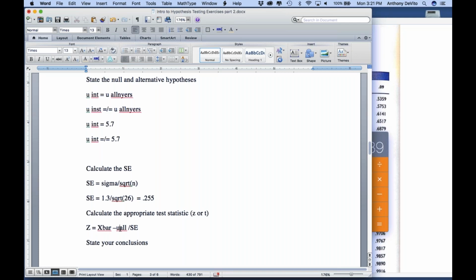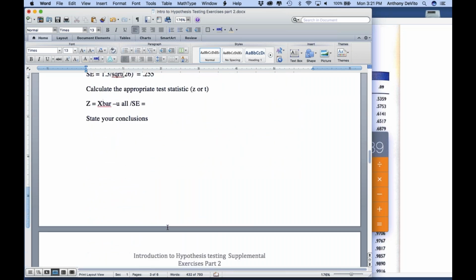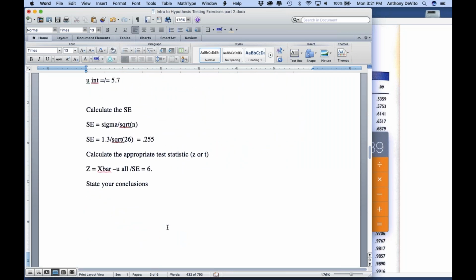So x bar, the result of my mean for my sample, was equal to 6.5, minus 5.7, divided by my standard error, which was 0.255.